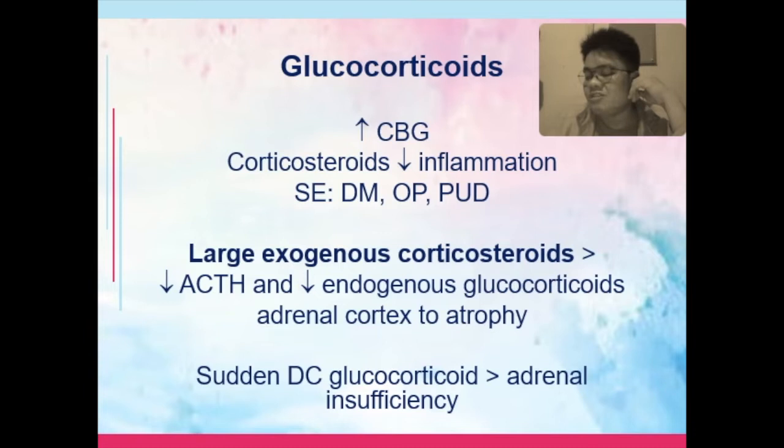We cannot just stop it abruptly, because by the time you stop it abruptly, your adrenal cortex will be in shock that there is already lacking steroid levels inside the body. For that period of time, your adrenal cortex has been accustomed to an exogenous source of your steroids. So again, to prevent sudden adrenal insufficiency, when I talk about administration of steroids, you need to taper the medication.